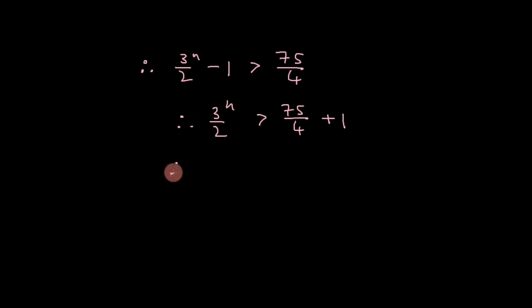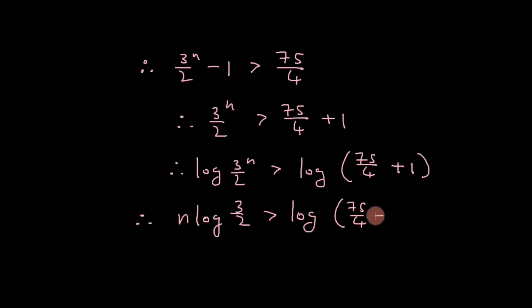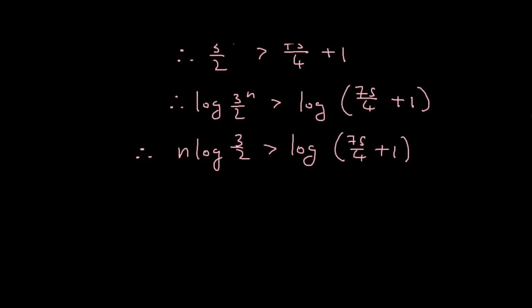So we're going to take the log on both sides. Then, using the log rule, we can put the n in front of the log. Now we can divide the log of 3 over 2 into the right-hand side.